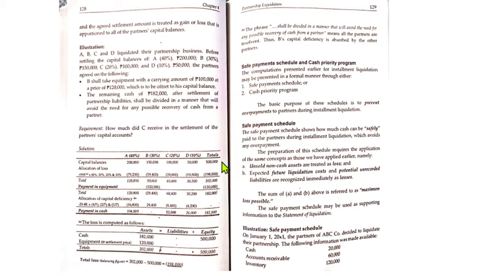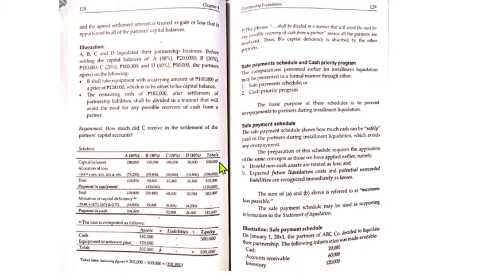So let us analyze this by comparing the cash available for distribution and the actual capital balance of the partners. How much is the actual capital balance of the partners? Ito po yun, 500,000. Now, magkano ang available na asset ng company or ng cash ng company?